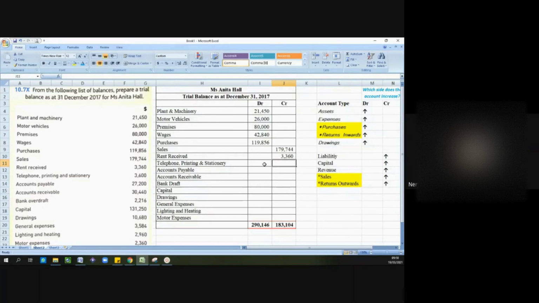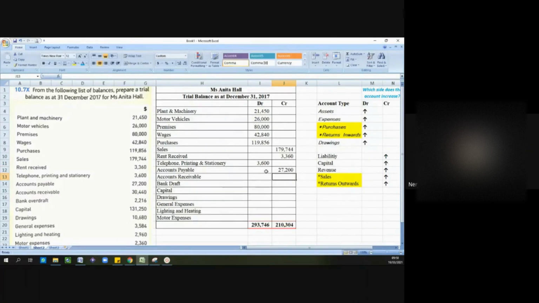So expense accounts increase on the debit side, so very likely the balance brought down would be on the debit side. So I record the balance that I have here on the debit column, 3,600. Accounts payable, liability, credit side, 27,200.